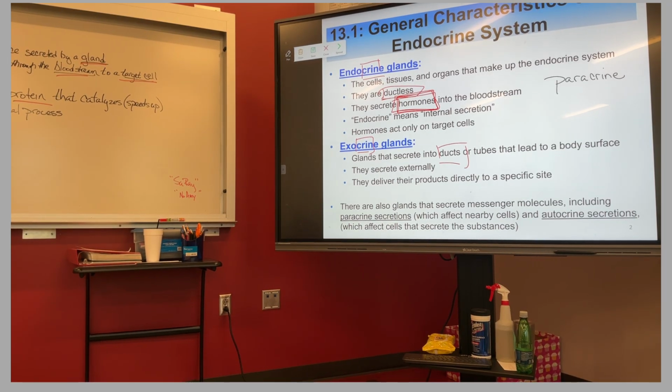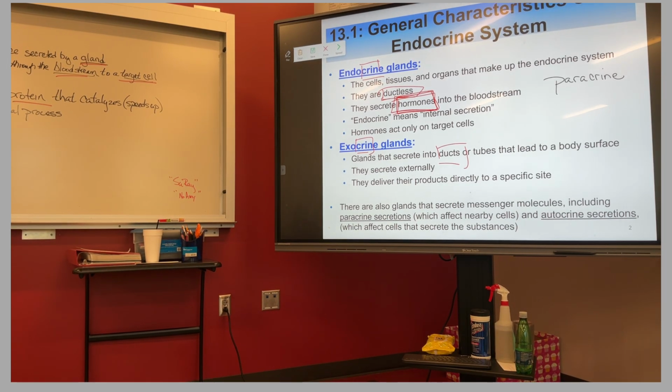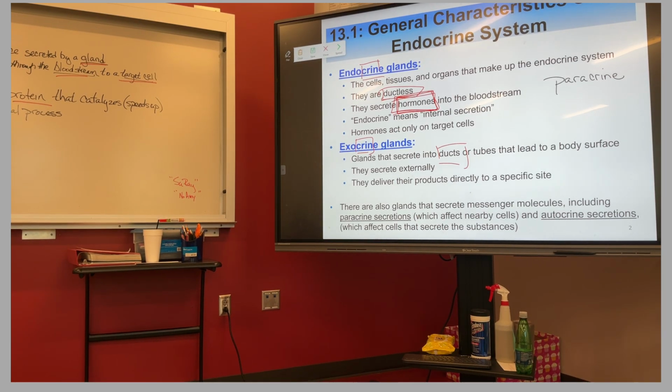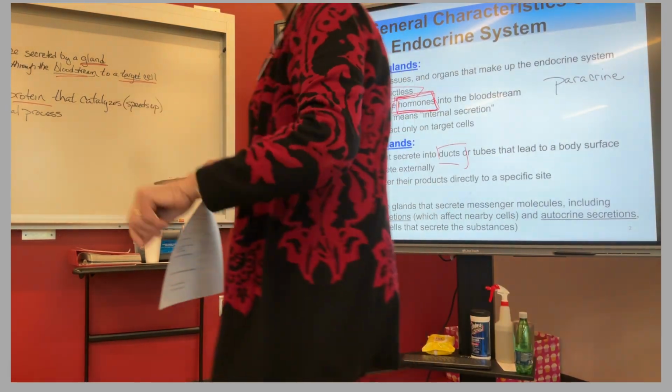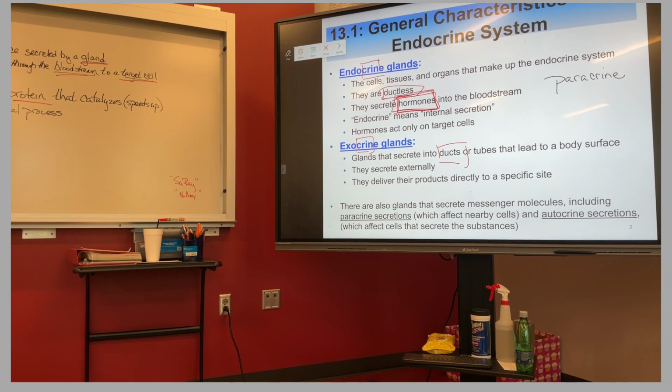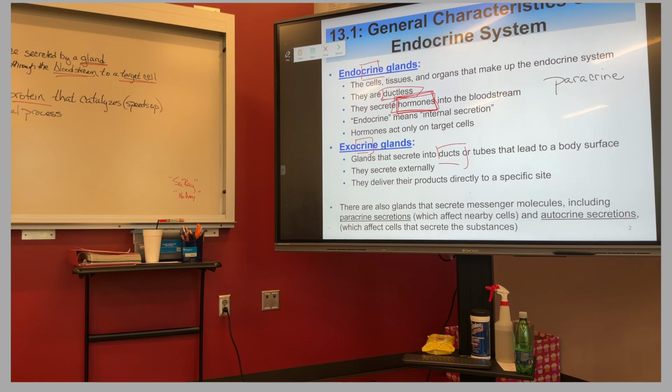That is part of an exam question. Okay, you're going to need to know a second half to get the question right. Remember me telling you, you need to know something, and then you're going to connect the dots to learn something. So, I want you to know that paracrine secretions secrete substances that will affect nearby cells. Let's take it a step further, y'all.